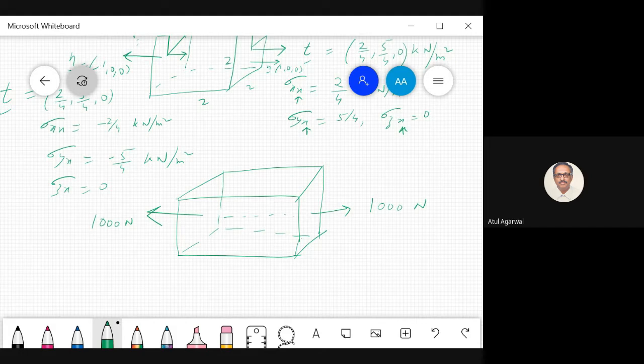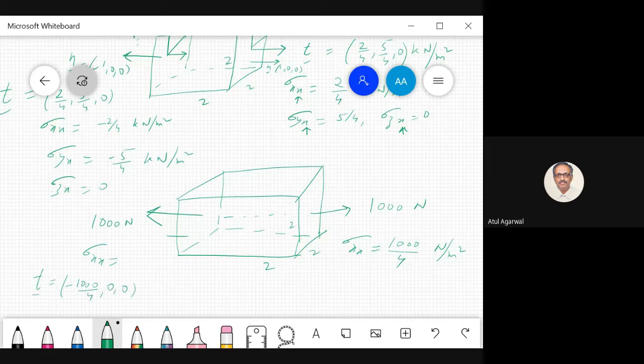So you have a block of say 2 meter by 2 meter size. Now what is the sigma xx here? 1000 by 4. What is sigma xx here? So what is traction first? Traction here is minus 1000 by 4, comma 0, comma 0.